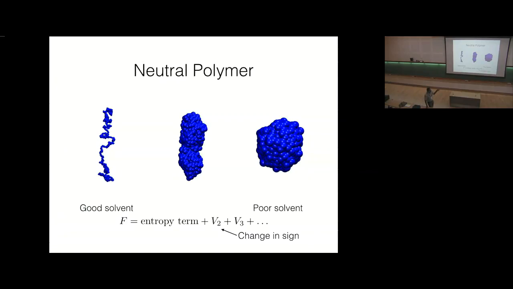But in this particular case, when the attractive forces become large enough, the third virial coefficient, fourth virial coefficient, they all become dominant. So if you include some of them carefully, then you can match all the exponents well.